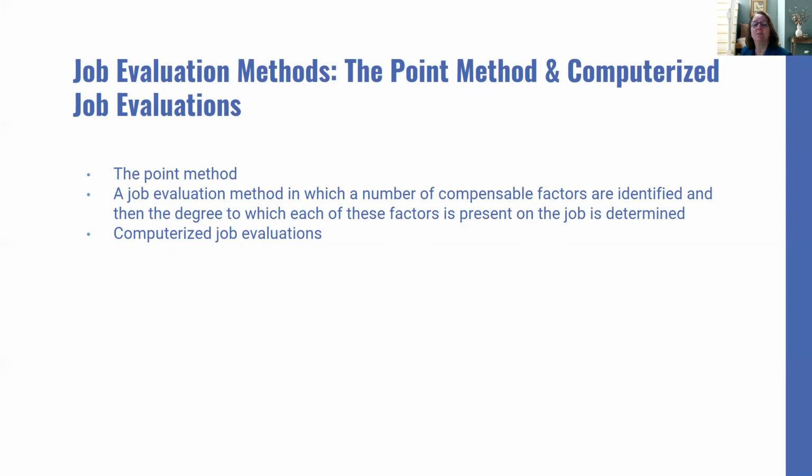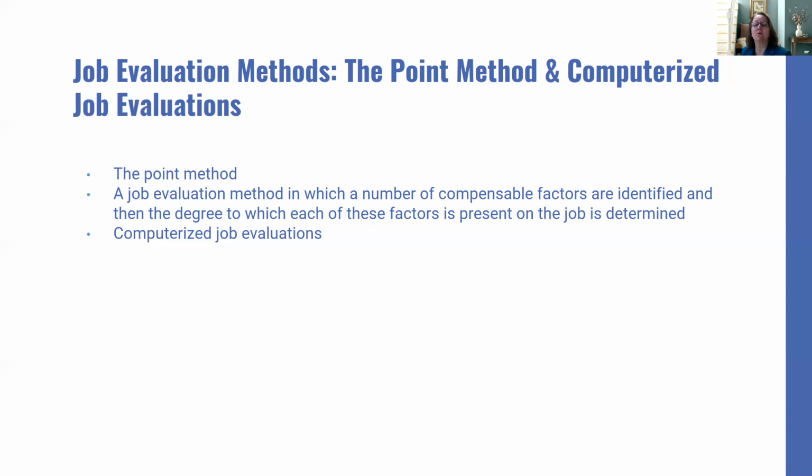It assumes there are 5 degrees of the compensable factor responsibility a job could contain, and then further assume you assign a different number of points to each degree of each compensable factor. So you would do this evaluation. There's a packaged point plan.